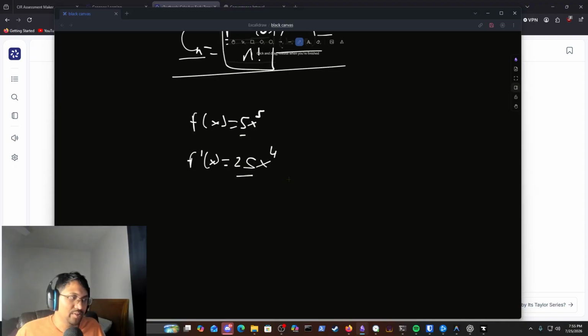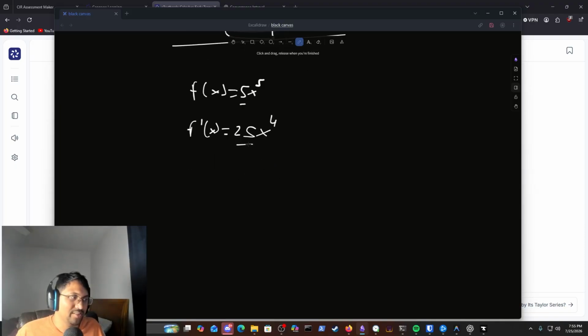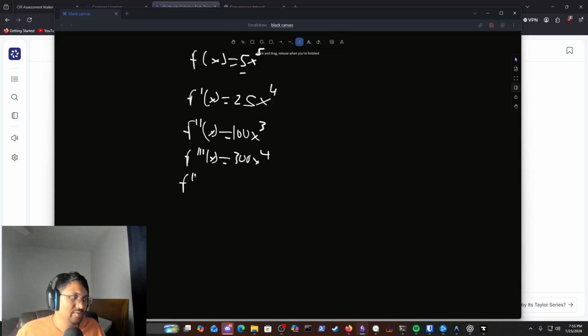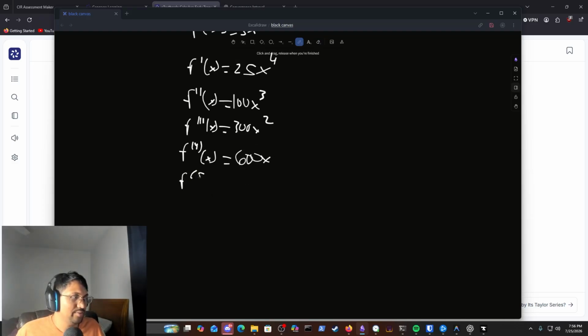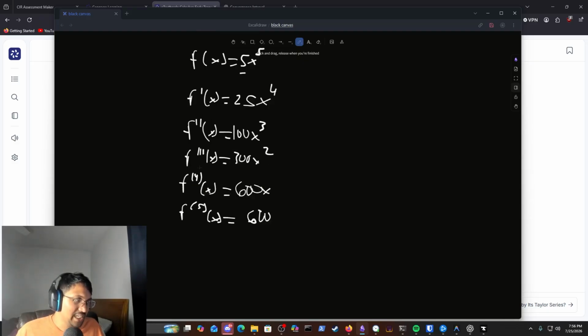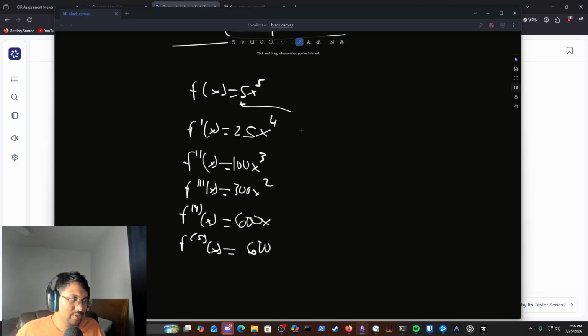But as we differentiate, we're only getting that current building block's magnitude. The second derivative gives 100x cubed, the third derivative 300x squared, the fourth derivative 600x, and then the fifth derivative is just 600, right? After we've done all that, we're a long way from our original coefficient.